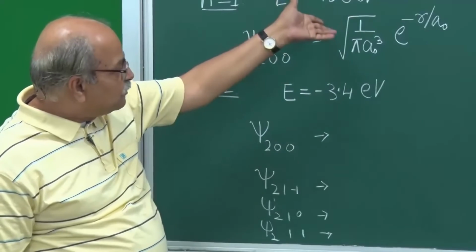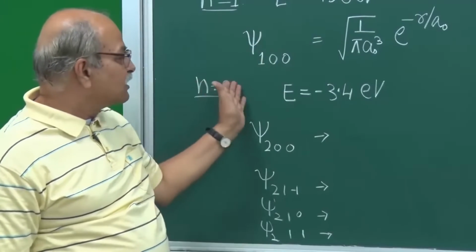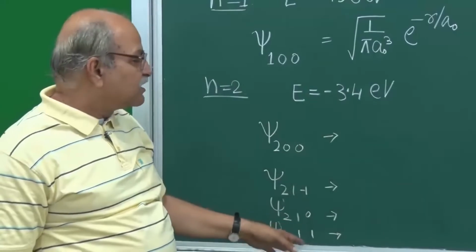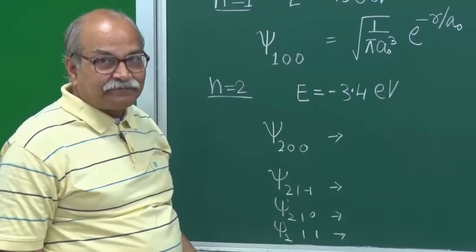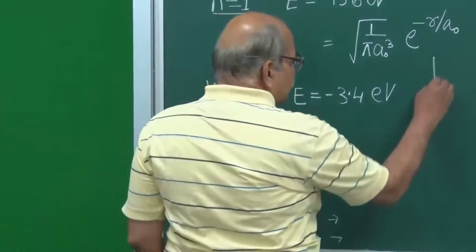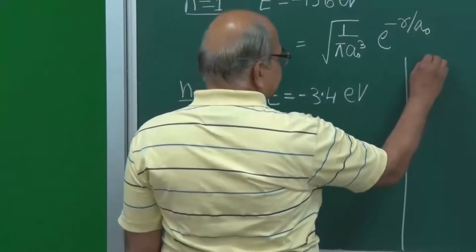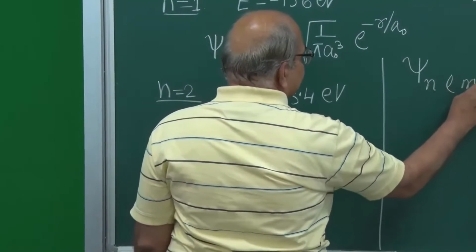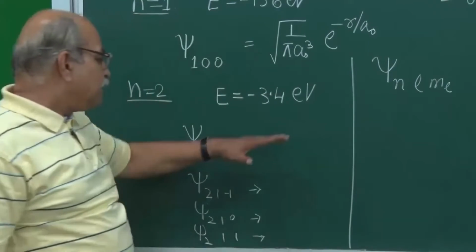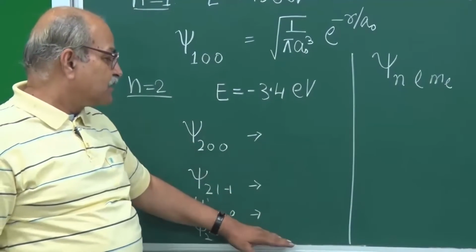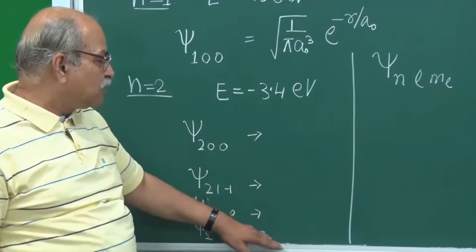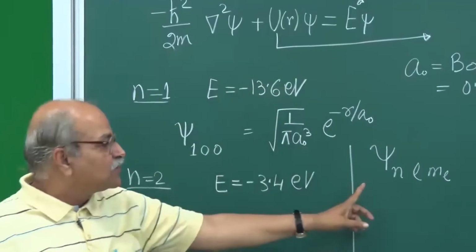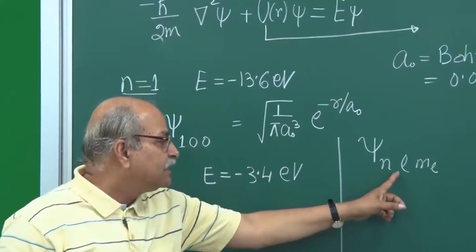Similarly, if you go for other energies, n equal to 3, n equal to 4, the number of independent wave functions will keep on increasing. So what we write is psi n, L and ml. These allowed wave functions, which correspond to fixed energy, can be written in terms of these 3 parameters n, L and ml.